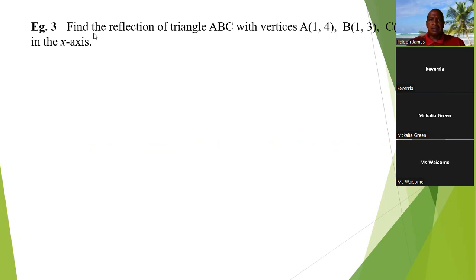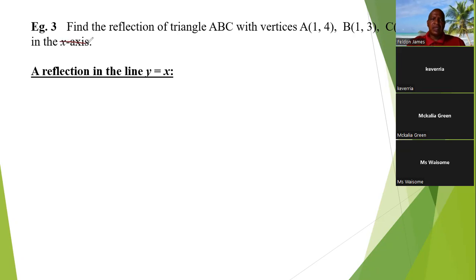It says find the reflection of the triangle ABC in the x-axis. Well, I think there's an error right here. So correction, this should not be the x-axis.